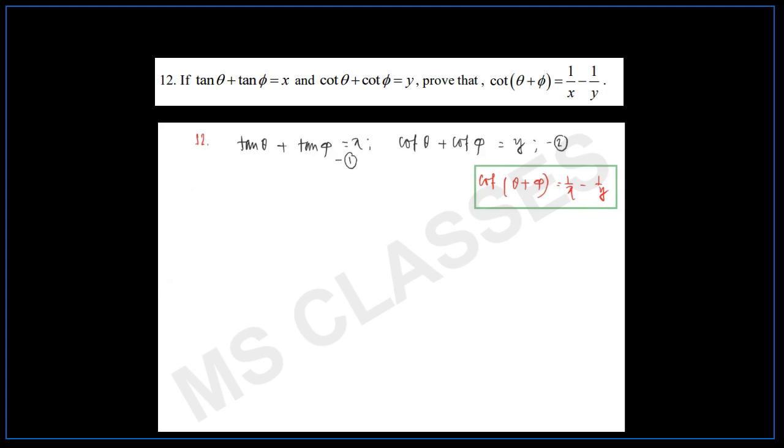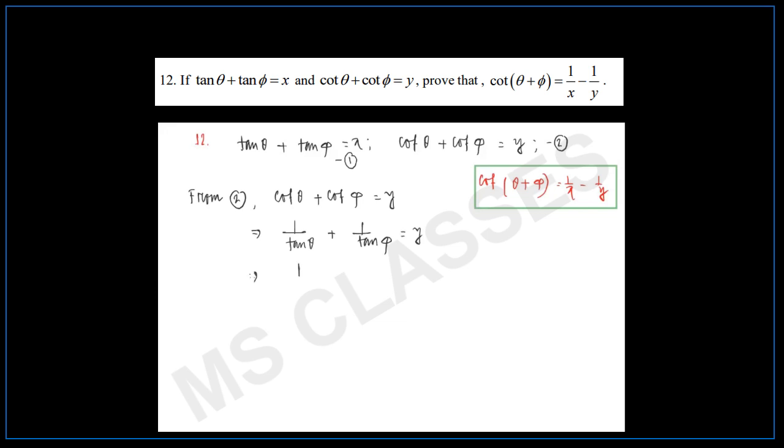Now from 2, what do we say? Cot theta plus cot phi equal to y. Now from this, 1 by tan theta plus 1 by tan phi equal to y.